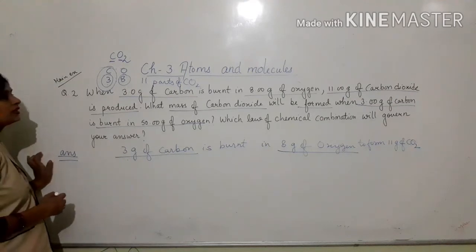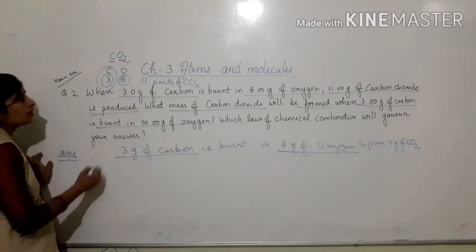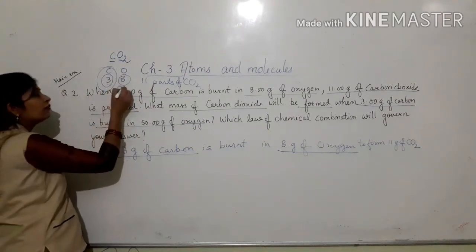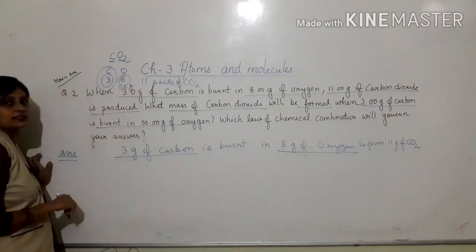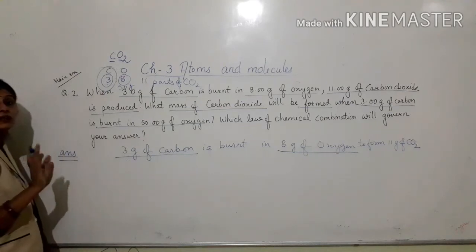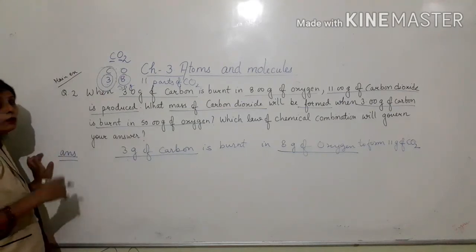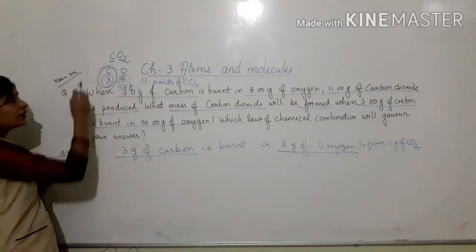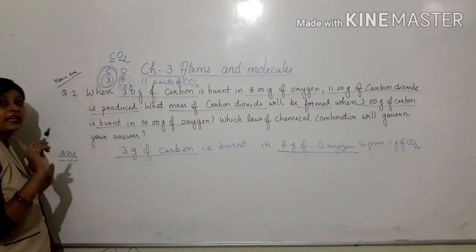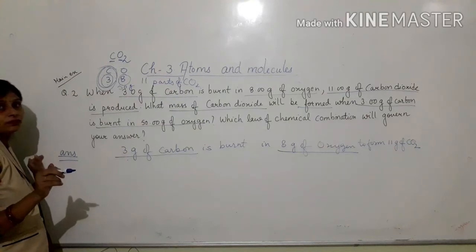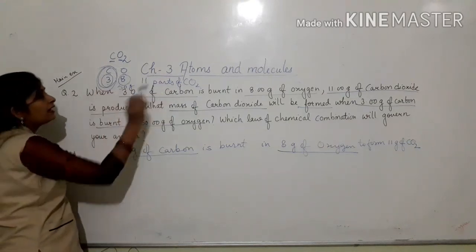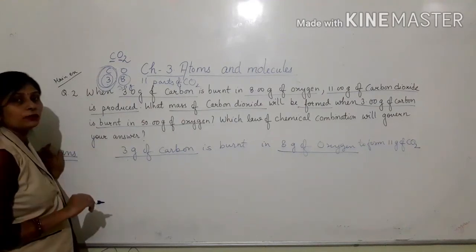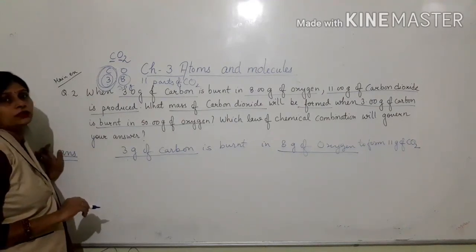Now in the question it is given that in place of 8 gram of oxygen, 50 grams of oxygen is given. Now it doesn't matter. Why? Because 3 grams of carbon require only 8 gram of oxygen to form 11 grams of carbon dioxide as per the law of constant or definite proportion.